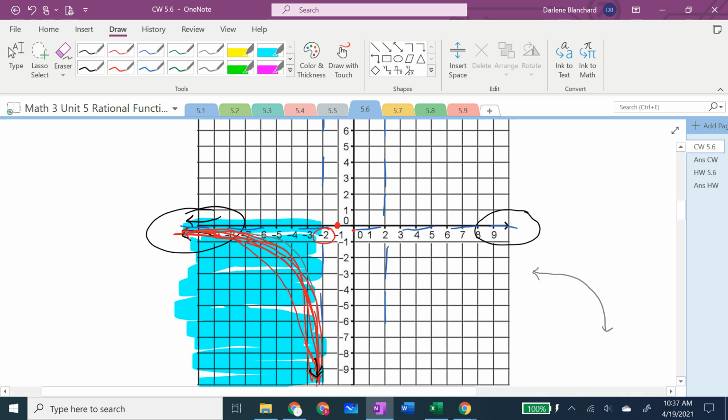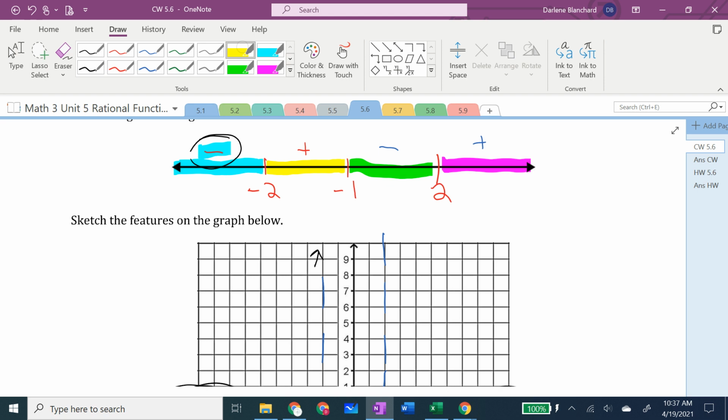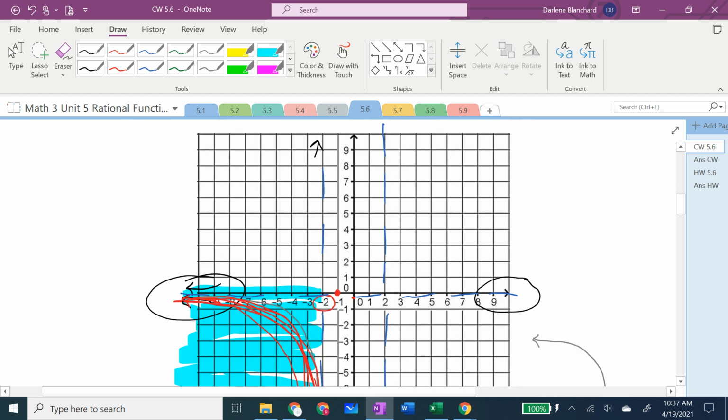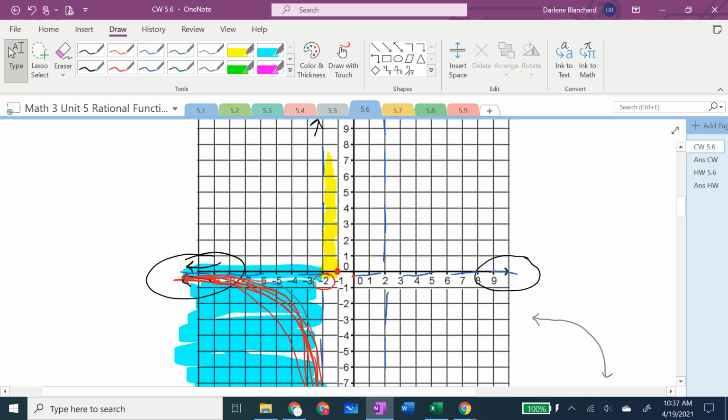So that's that piece. We've still got a bit more to go. So the next thing that I want to look at is when I'm between x equals -2 and -1. It's not a very big section. -2 to -1, just right there. I'm positive I'm above the x-axis. Now, the vertical asymptote at -2 has a left side and a right side. We already looked at the left side. We are now able to look at the right side.